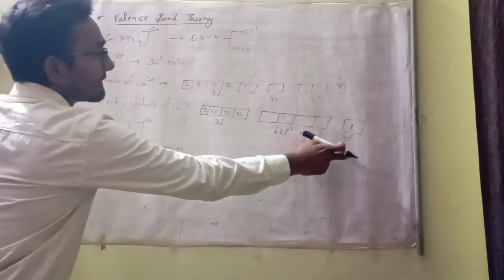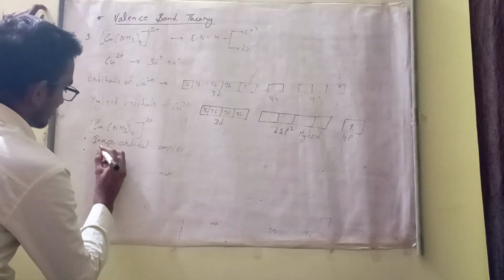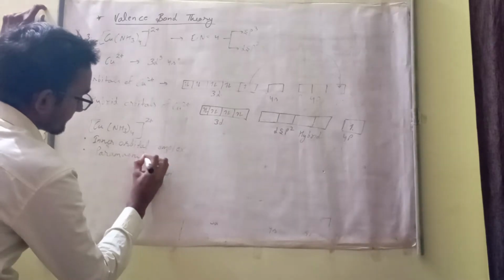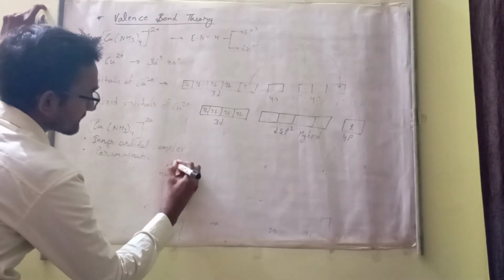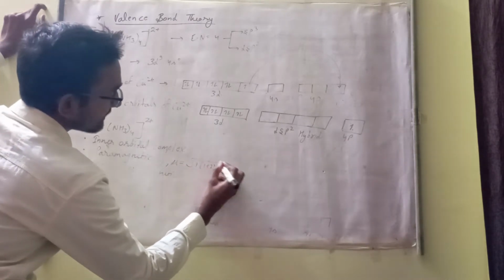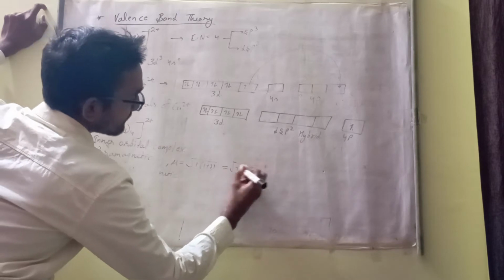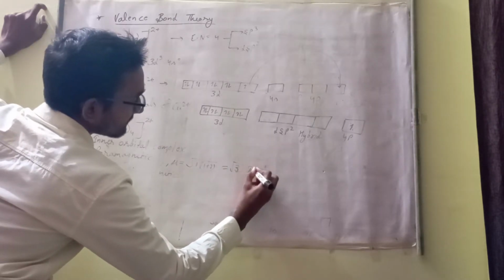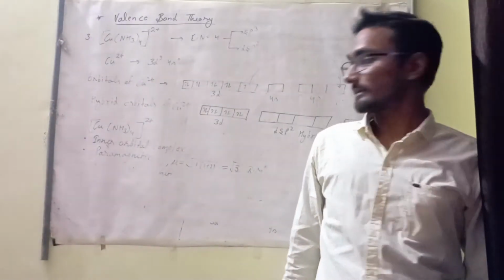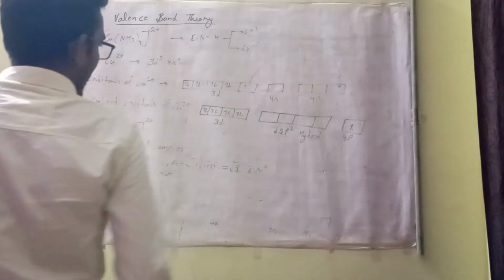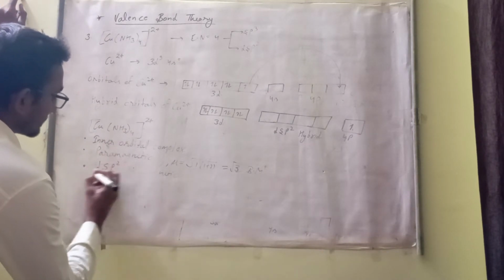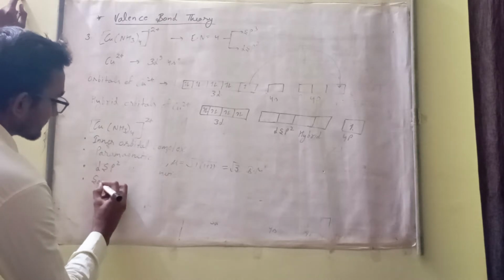That means it is paramagnetic. Mu is root of 1 plus 2, that is root 3 Bohr magneton. The magnetic moment is root 3 Bohr magneton. Hybridization is dsp2. Geometry is square planar.